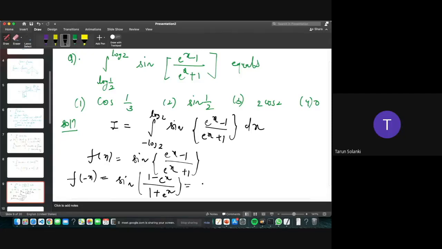So it becomes minus of sin of (e to the power x minus 1) divided by (e to the power x plus 1). So finally it becomes minus of f(x). So f(x) is an odd function, that is I is equal to 0 by the property we have covered. So the answer is 0.